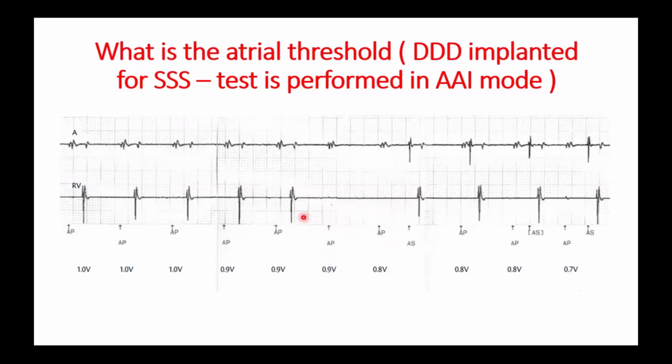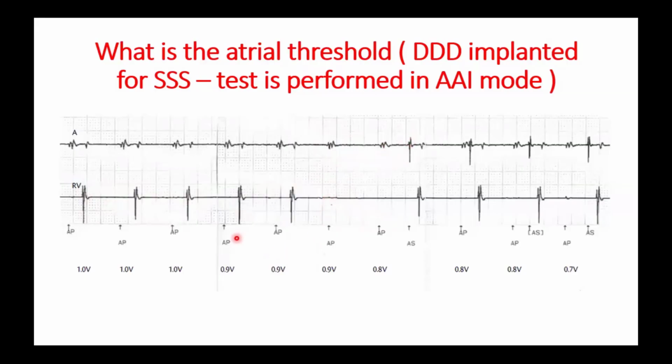The clue here is to look at both channels of the EGM, the atrial channel and the ventricular RV channel. As the patient has only sick sinus syndrome, there is conduction to the ventricle, with a spike on the RV channel. Once pacing occurs here and it doesn't capture, no activation of the ventricle occurs on the RV channel.